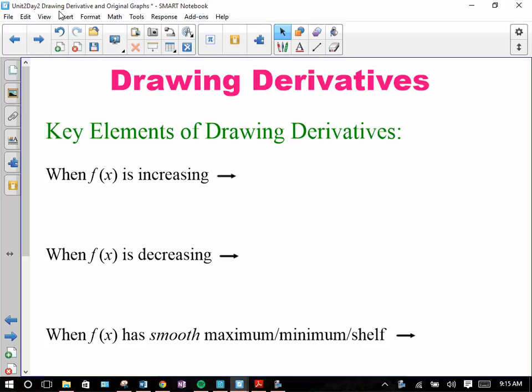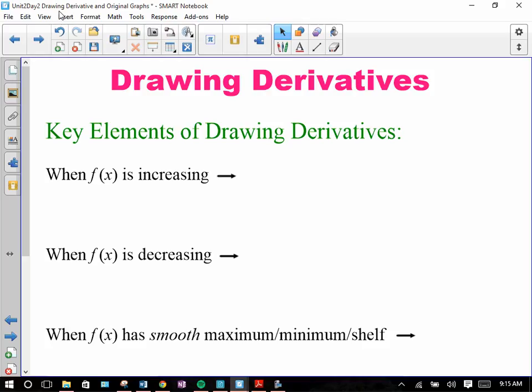Alright, so what we need to do here is establish some formal guidelines. On Monday we were sort of just looking at the slopes and saying, oh okay, the slope of this line is positive, so when we graph our derivative, those y values would be positive, so they'd be above the x-axis.